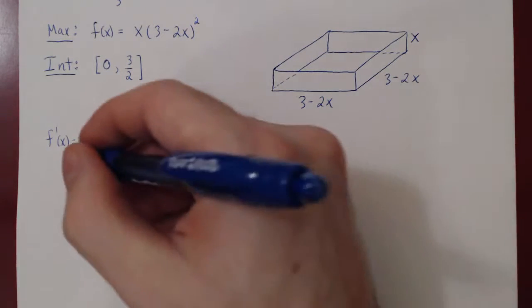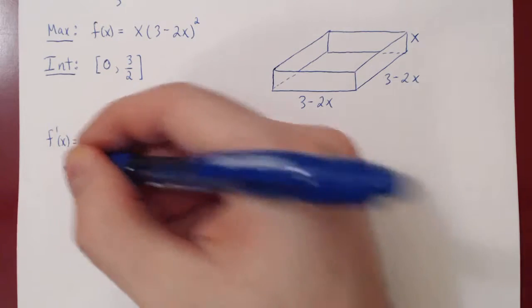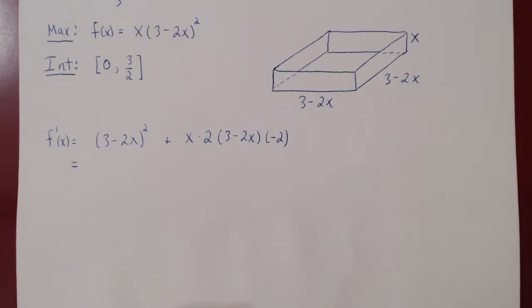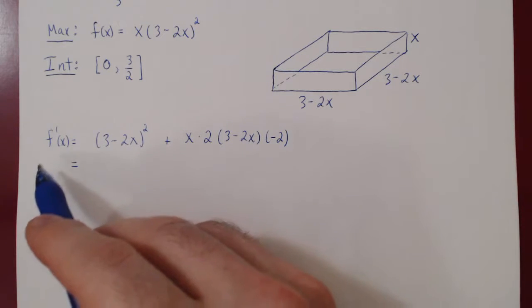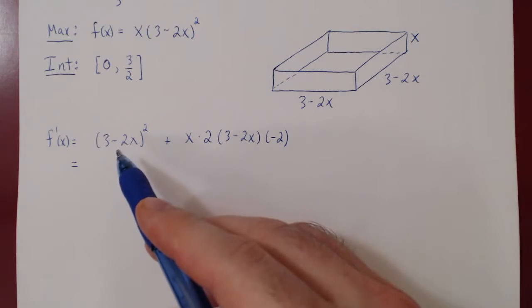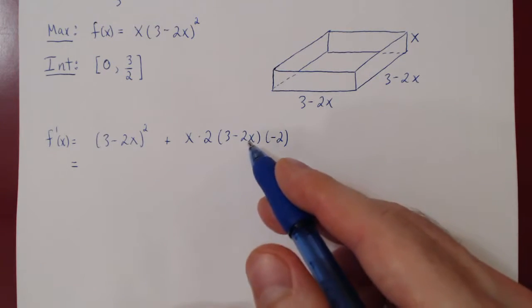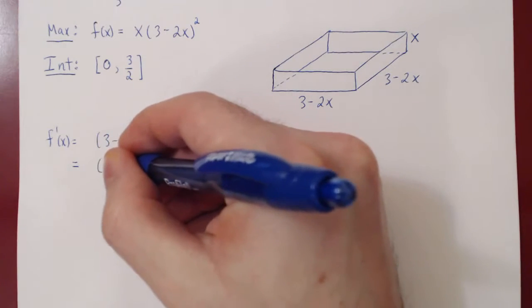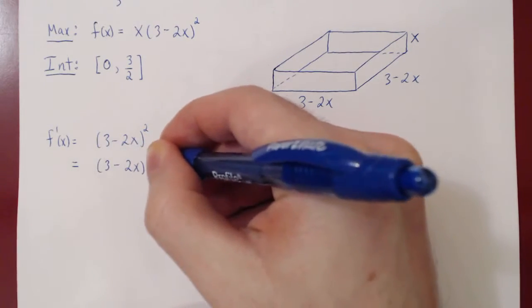As always, because we're looking for critical points, and again, the derivative is a polynomial, always defined, so the critical points will be values of x where the derivative is equal to 0. So we have to factor. Well, we have a common factor of 3 minus 2x.